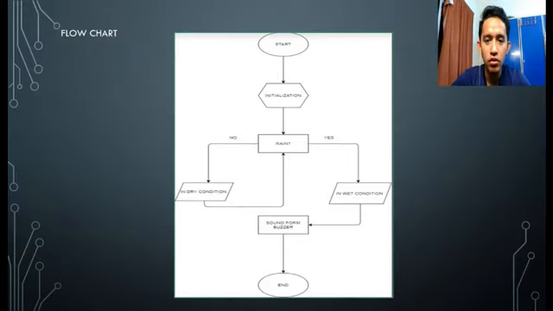We can see the flowchart here. When we start the circuit, it is in initialization. After that, there are two choices: either there is no rain or there was rain.